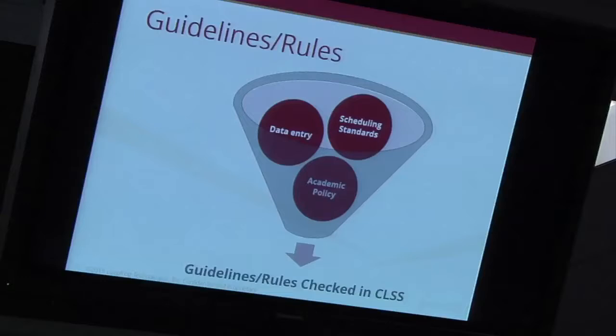Guidelines and rules. There are two big things. One is configuring standard meeting times, being able to build sets of meeting patterns that you would like your departments to use. I say sets because we'll have different meeting times that might be appropriate for different departments or different colleges. If you have nursing programs or health programs, they may have wildly different meeting times than your arts and science classes.